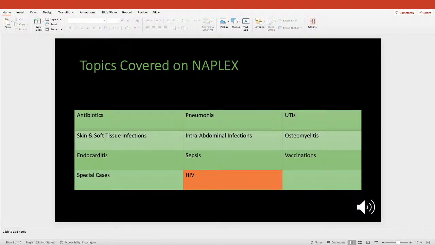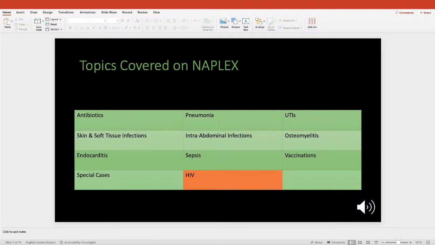You might see osteomyelitis, endocarditis, and sepsis. We also briefly talked about vaccination in the previous lecture, which I think is very important to know. And then there are some other special cases, things like how to help patients in terms of renal adjustments and such.